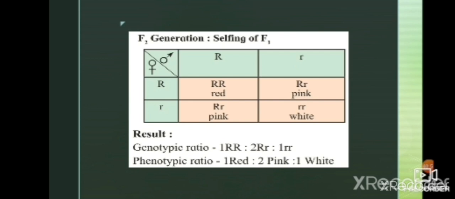The result shows that genotypic ratio is 1 as to 2 as to 1: 1 capital R capital R red flower, as to 2 capital R, small r pink flower, 1 white flower, small r, small r. This is the genotypic ratio, 1 as to 2 as to 1. Phenotypic ratio, 1 red as to 2 pink as to 1 white. Here the phenotypic ratio is 1 as to 2 as to 1.